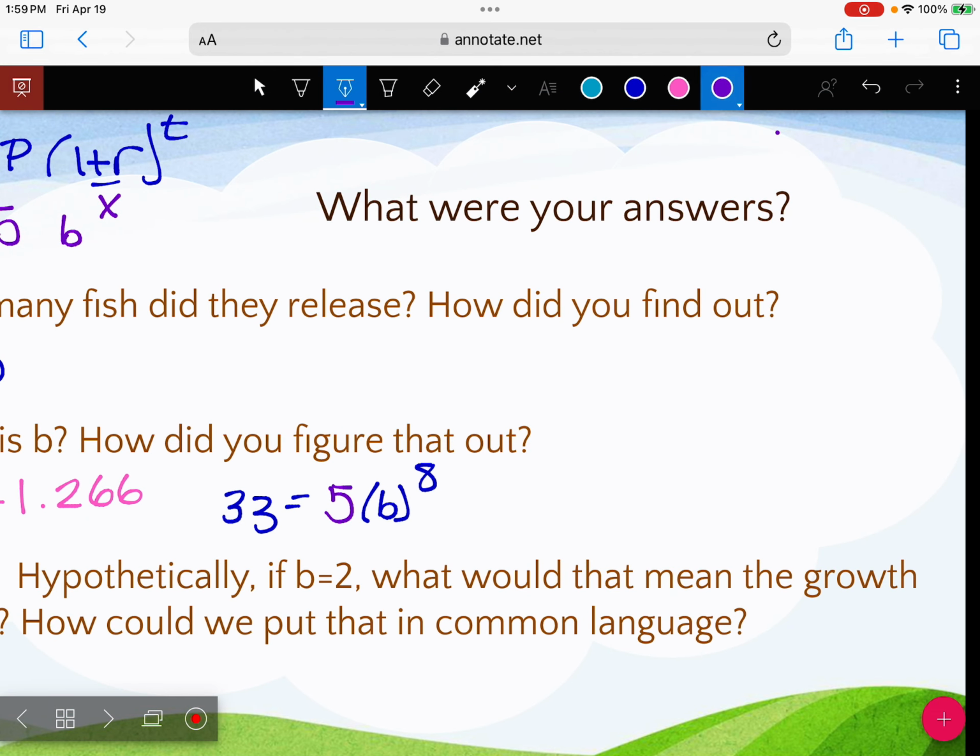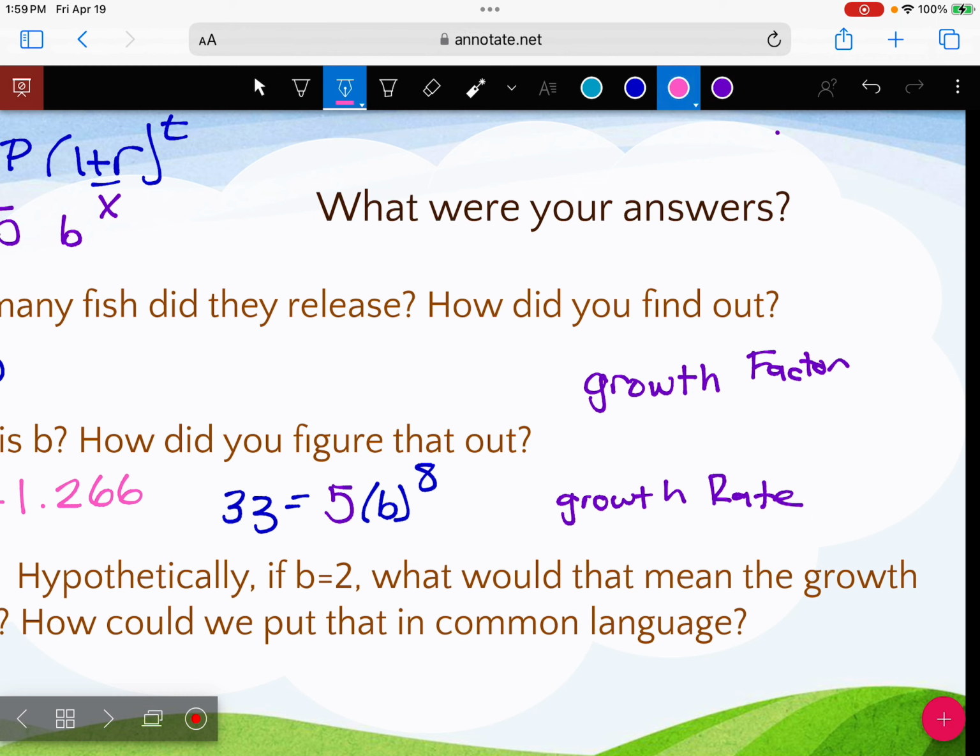Which means our growth factor, what was the growth factor for this problem versus the rate? We're going to do both factor and rate. 0.266 is which one? That's the rate.